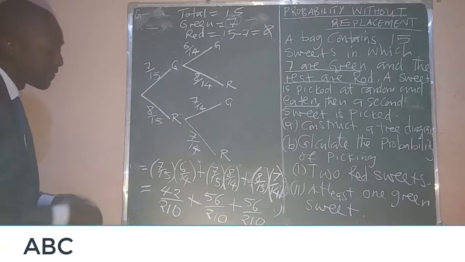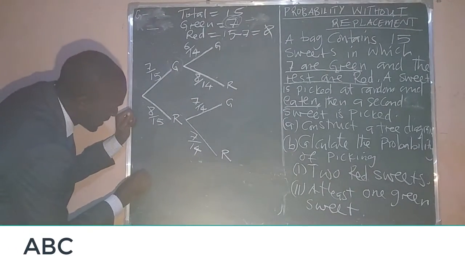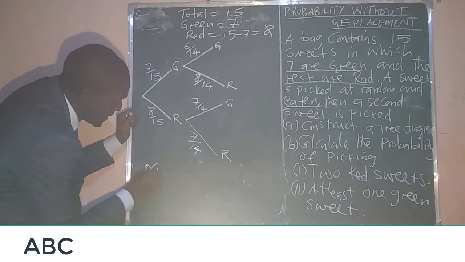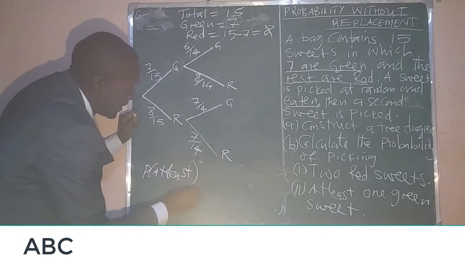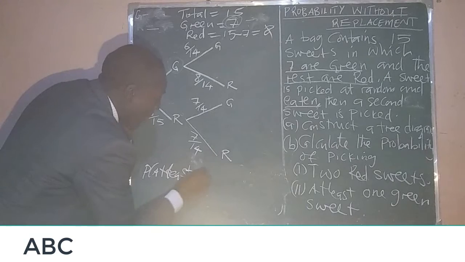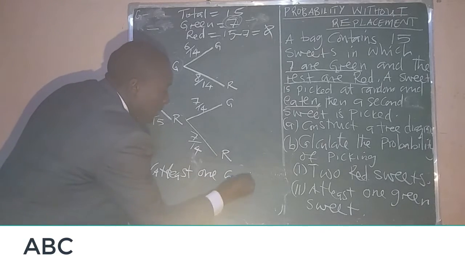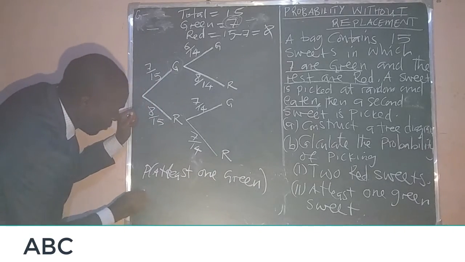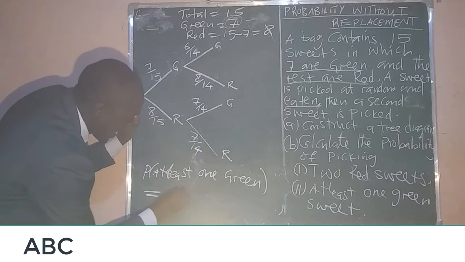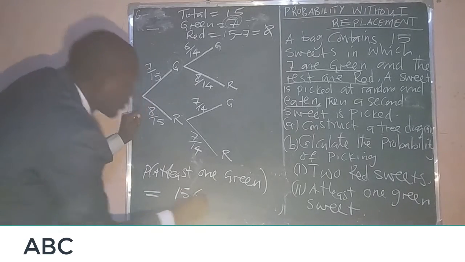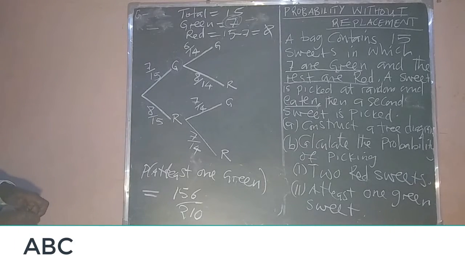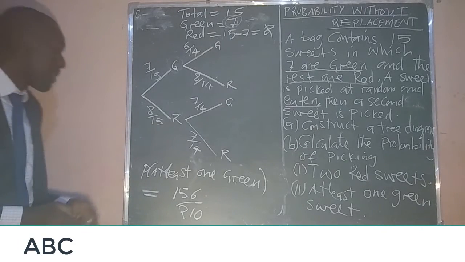And we are going to have 154. So this gives us the probability of at least one green is going to be 156 over 210, which we can further simplify because there are numbers that can go into these numbers.